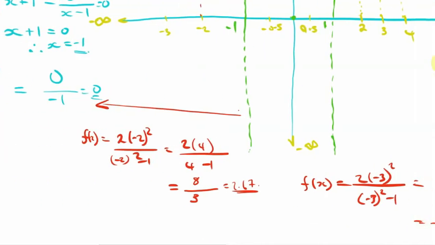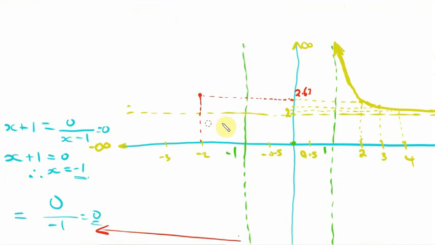That is lower than 2.67. So 2.25 is right here. You can see that the graph is approaching the horizontal asymptote as x approaches infinity.